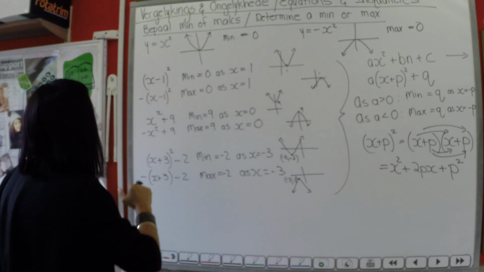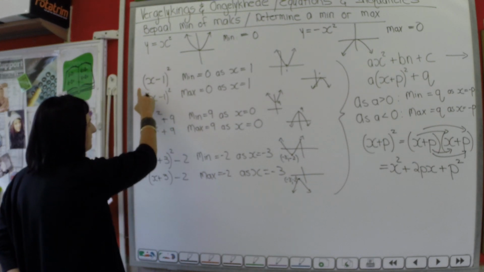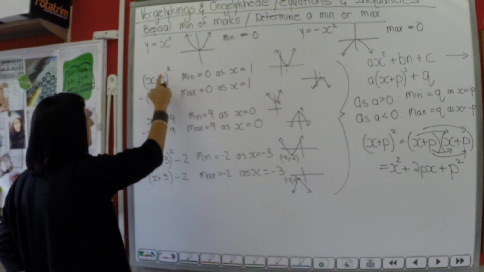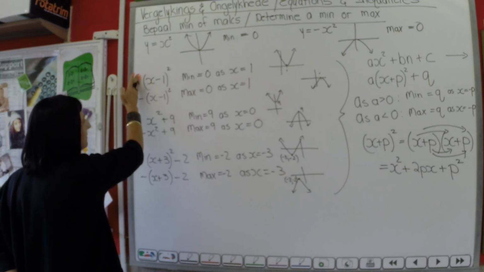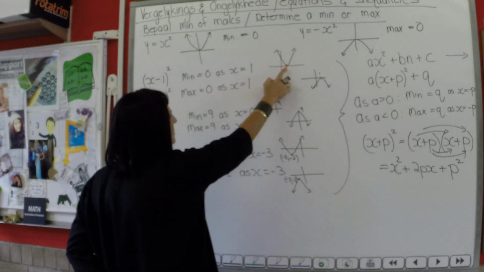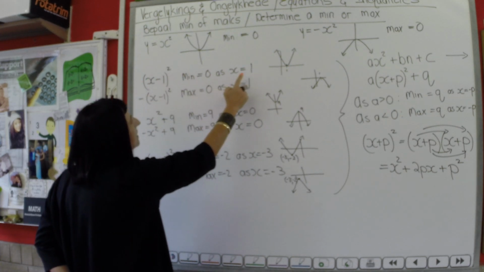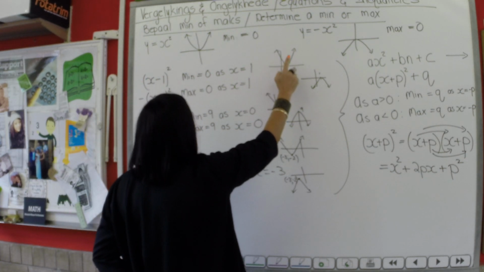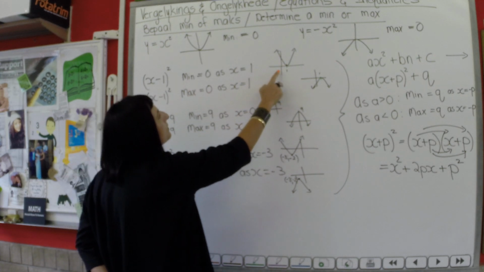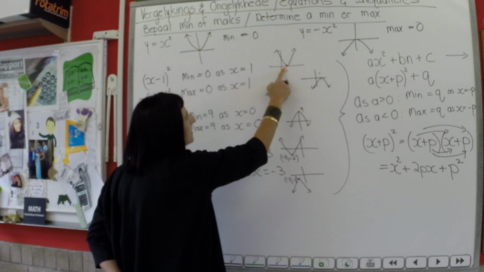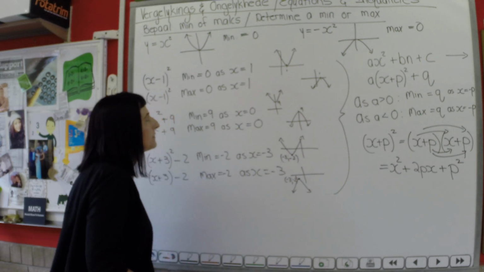So as ons gaan kyk na hierdie kwadratiese uitdrukking, x minus 1 square, dan sien ons die a-waarde is positief, so dit is 'n happy face. Hierdie ouetjie het geskuif, een eenheid na regs, so ek kan sê hy het 'n minimumwaarde as x gelyk is aan 1.